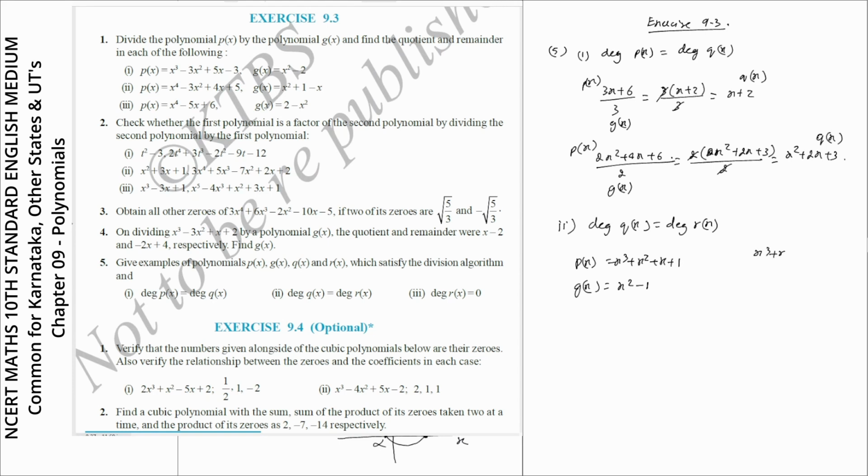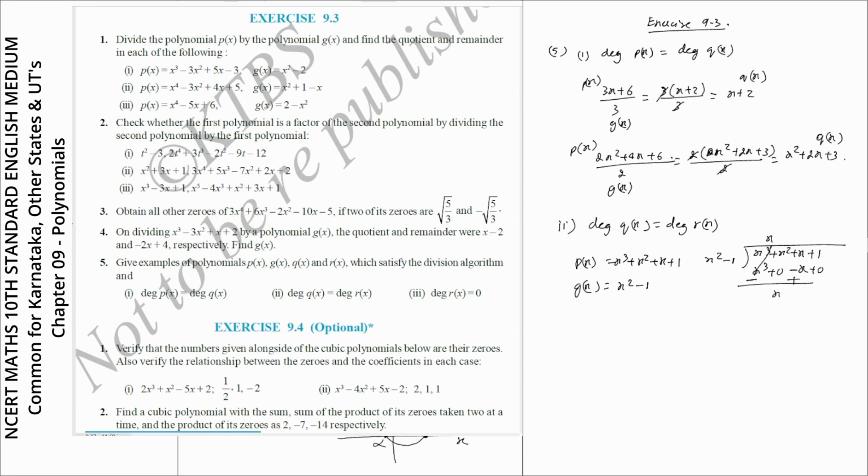X cube plus x square plus x plus 1. If I divide by x square minus 1, so x into x square is x cube, then x into minus 1 is minus x. So I'll put 0 here, I'll put 0 here, change the sign. Now these two will get cancelled.